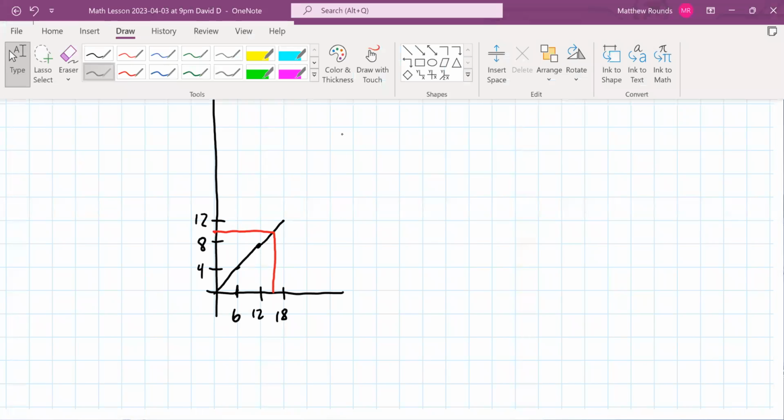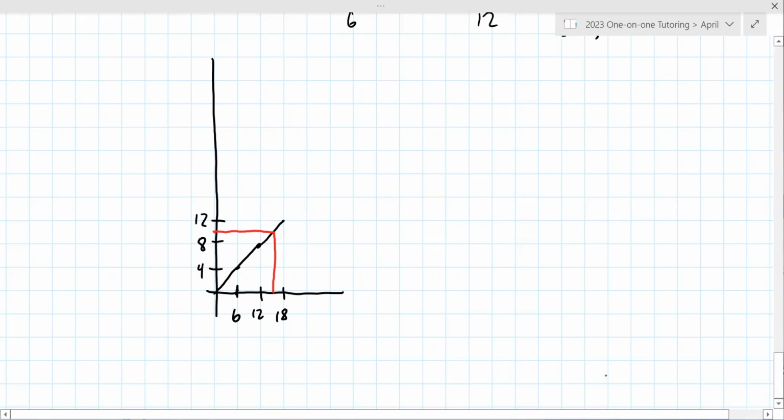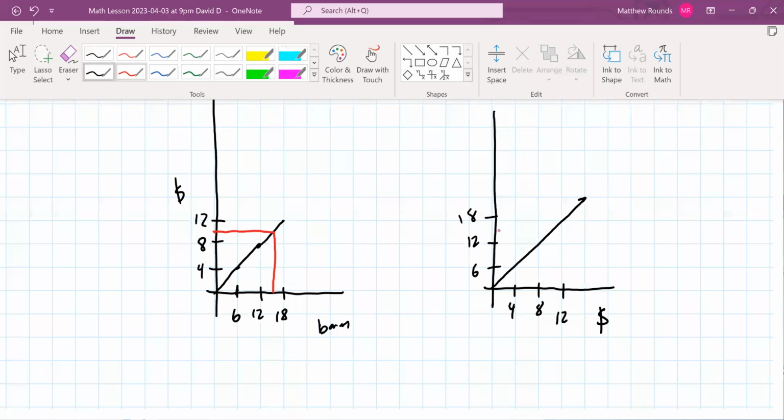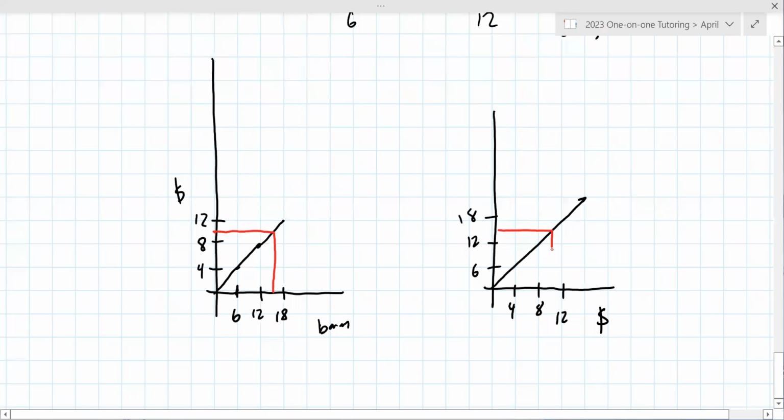So I just have to format my graph like that. That's good. But here's the thing, it doesn't matter if you were backwards. If you put dollars 4, 8, 12 and 6, 12, 18, it's going to produce exactly the same answer. 15, hit it.